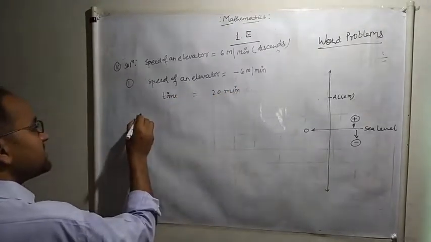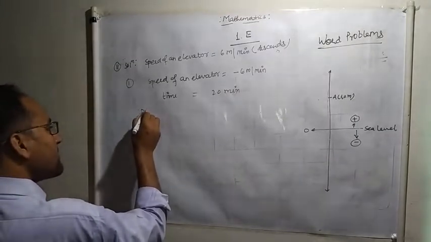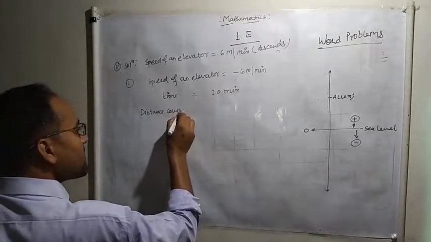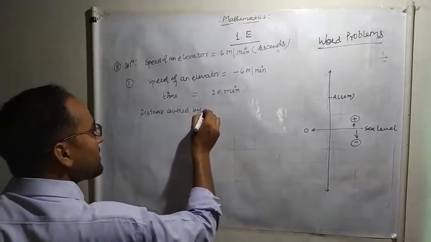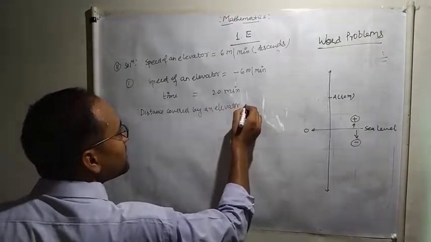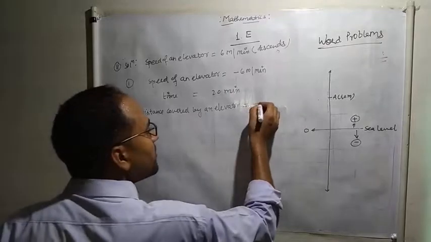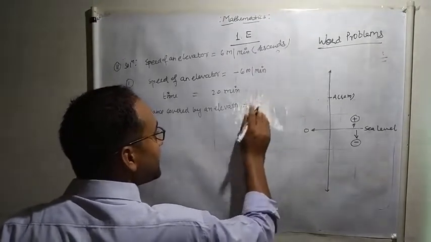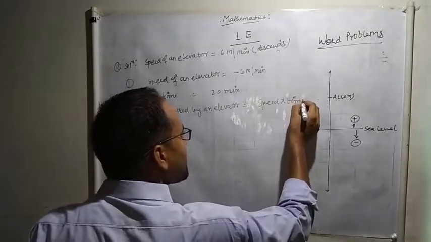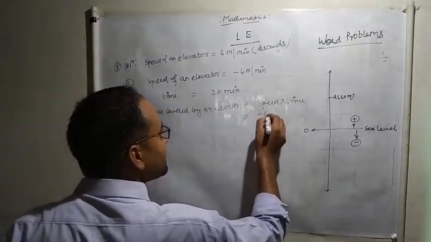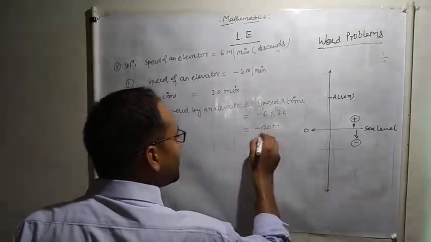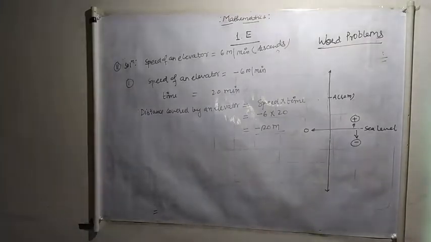So the distance covered by an elevator is equal to minus 6, speed multiplied by time. Speed, minus 6, is multiplied by 20. It is minus 120 meters.